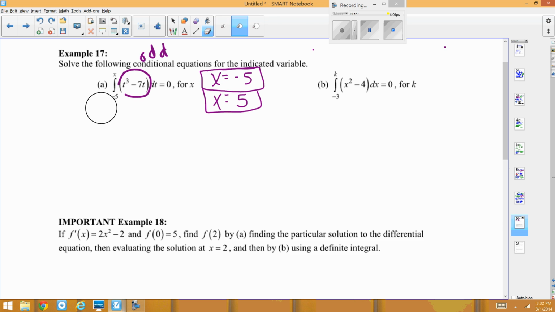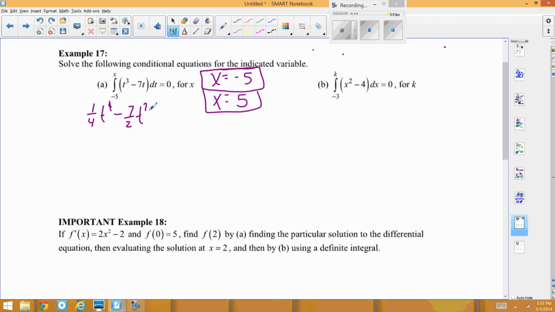Now we've got to actually do some algebra here. Not calculus. Notice I said that. We'll do a little bit of calculus with a lot of bit of algebra. All right, so integrate: 1/4 t to the 4th minus 7/2 t squared, evaluated from -5 to x. Okay, this looks like a fun one. x to the 4th over 4 minus 7/2 x squared, minus 1/4 times 625 minus 7/2 times 25.